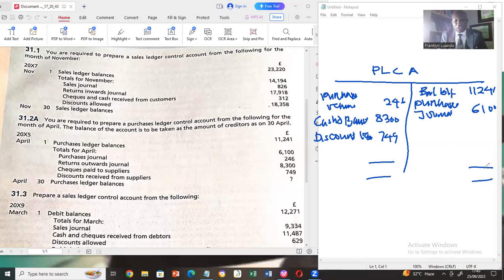The total on the credit side, that will be 11,241 plus 61.